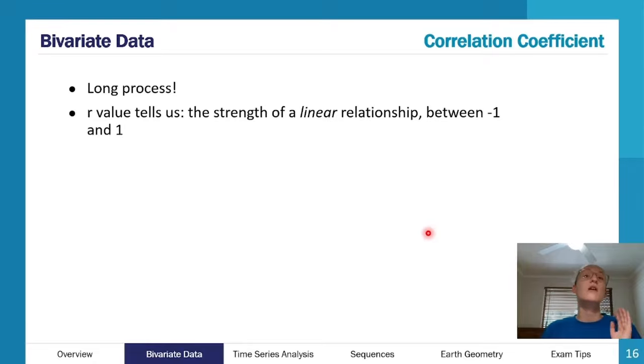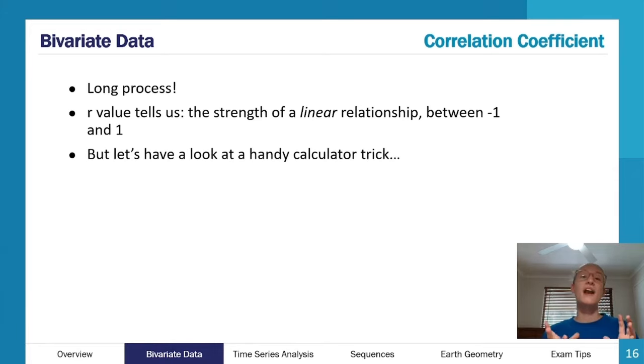And +1 would be a direct perfect positive correlation. If it's close to 0 in the middle, that means all of our dots are really randomly scattered around and we don't really have an association present. But you can start to see how having this range and the statistical process of calculating an R value is a really valuable thing, because it can tell us the exact and precise mathematical strength of the relationship.